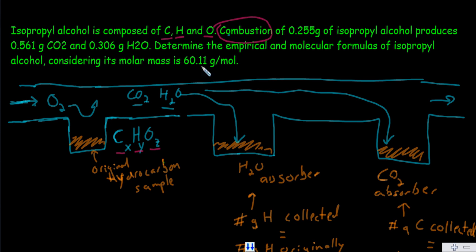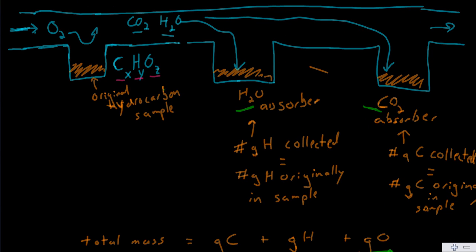Later, that carbon dioxide is absorbed in a carbon dioxide absorber, and the water is absorbed in a water absorber. And so, knowing how many grams of water are collected, and knowing how many grams of carbon dioxide are collected in these absorbers, we're able to know how many grams of hydrogen were collected and grams of carbon were collected.